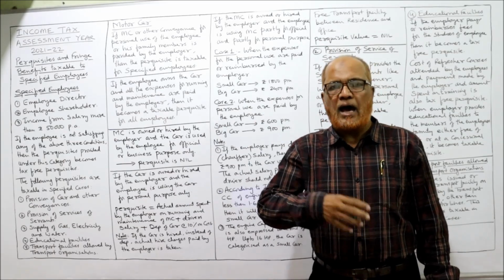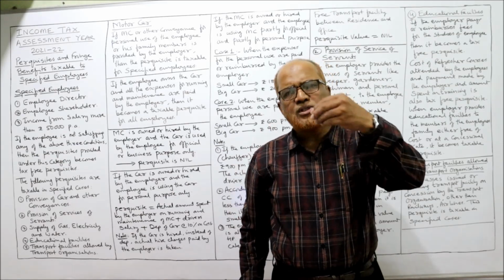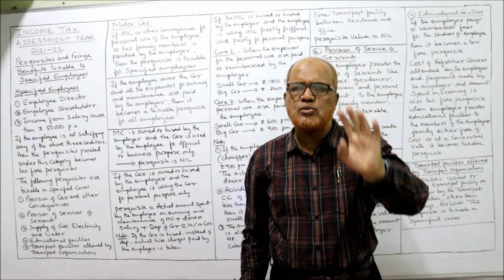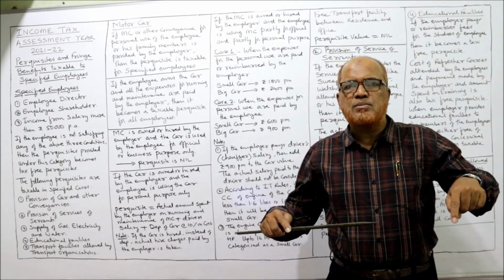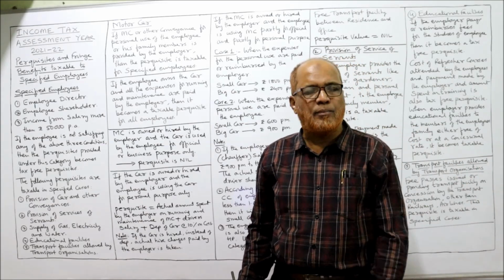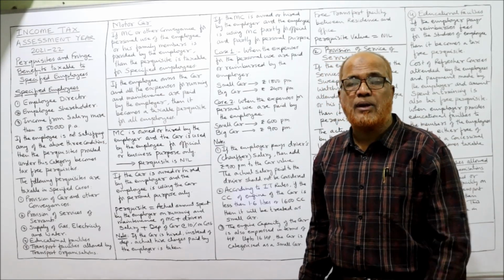I am the employer, I have given you the car, you are my employee. Use it personally only. Don't use the car for official purposes. Completely use it personally. And all expenses, running, maintenance, petrol will be paid by the employer. As per the Income Tax Act, it is a taxable perquisite.